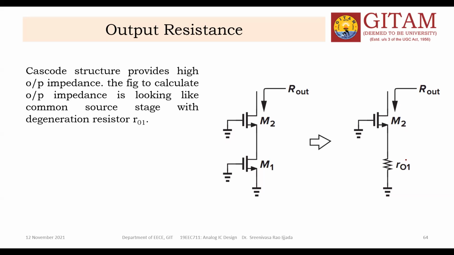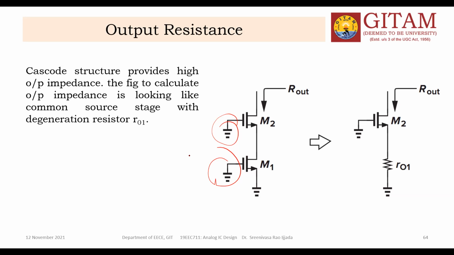Keep all the independent sources grounded. Here VB is an independent source and Vin is the independent voltage source, so make them ground. And the rest of the sources, gm2 times V2 and gm V2, we can't do anything with them because they are dependent.